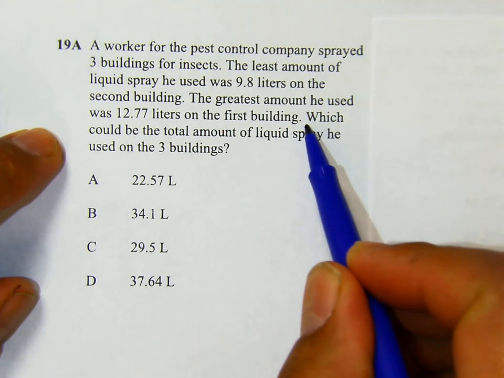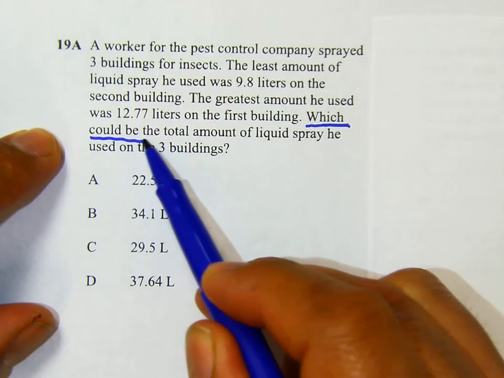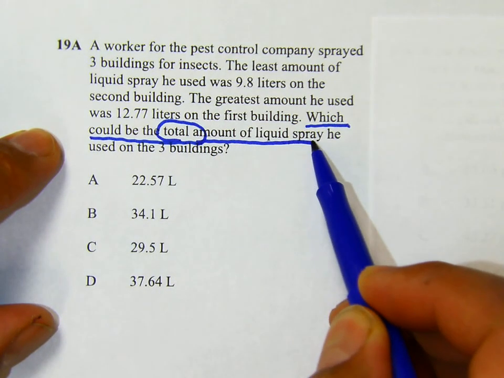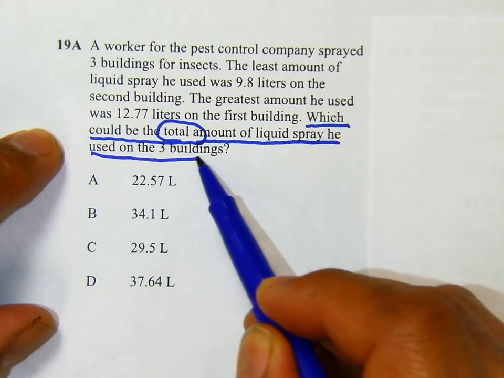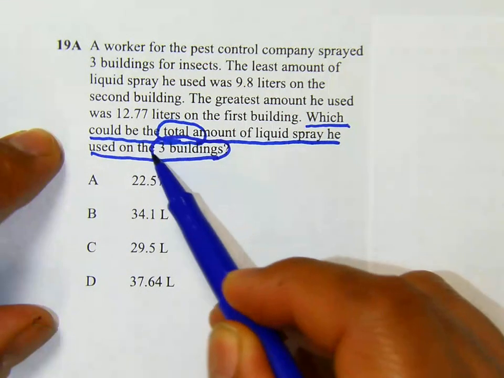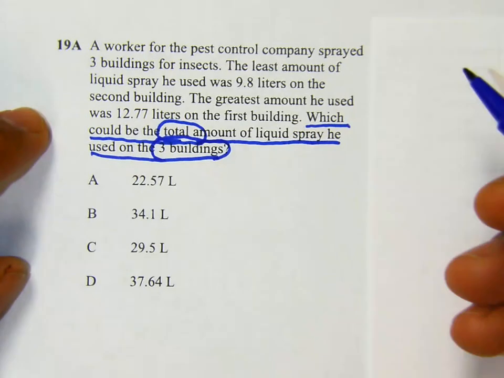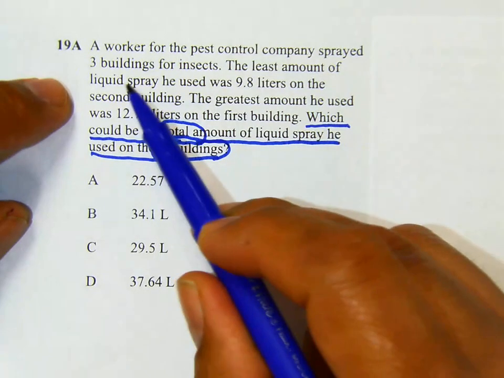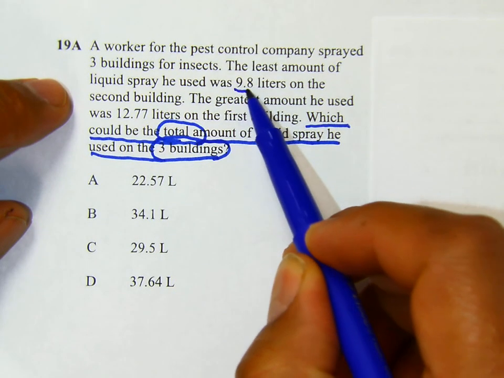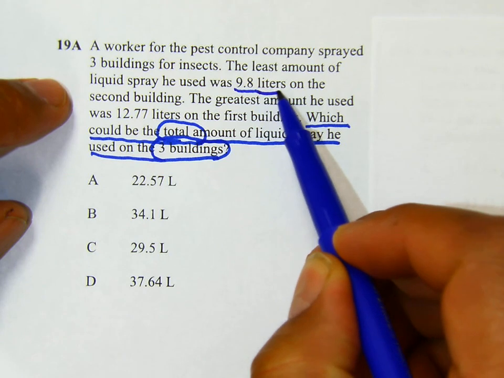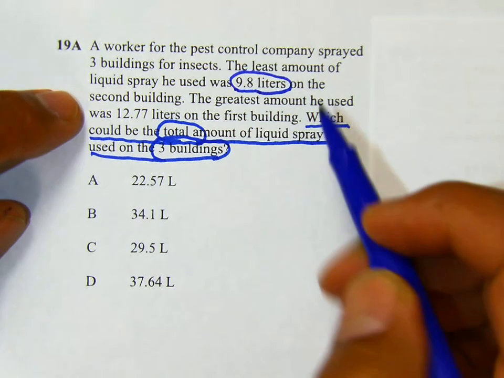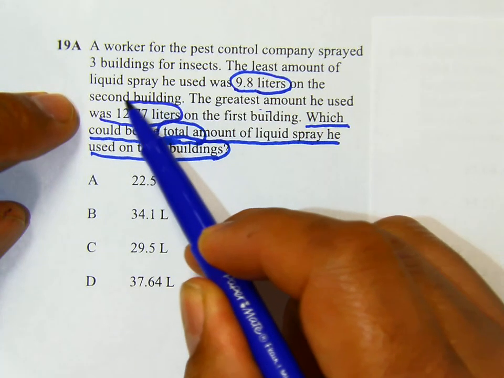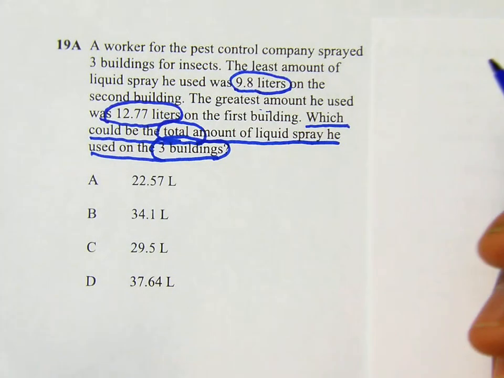All right, so our question is, which could be the total amount of liquid spray he used on the 3 buildings? Well, we know the least amount of spray he used was 9 and 8/10 liters on the second building, and the greatest amount he used was 12 and 7,700 liters on the first building.